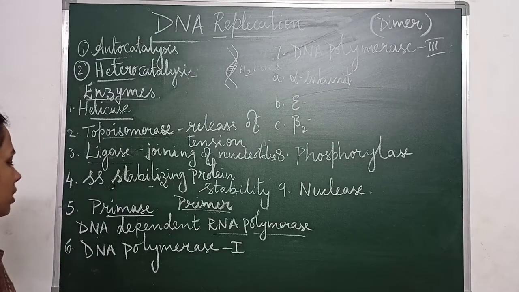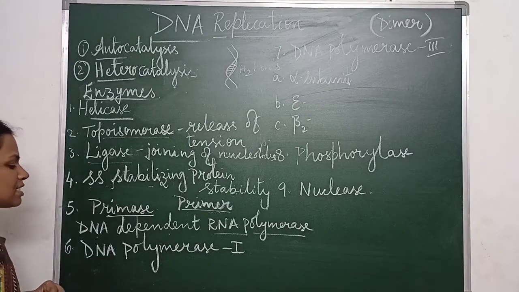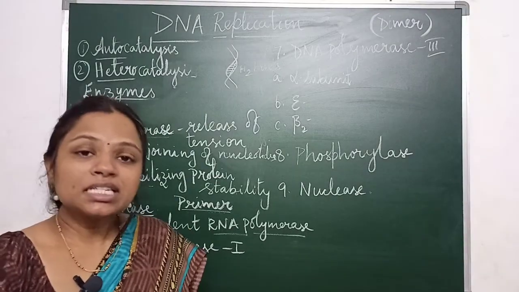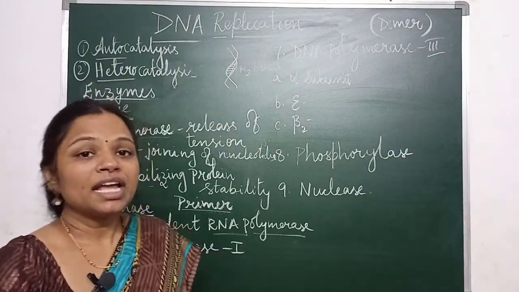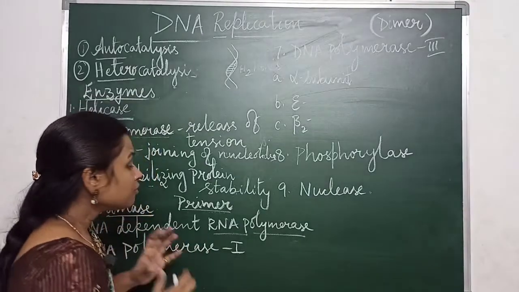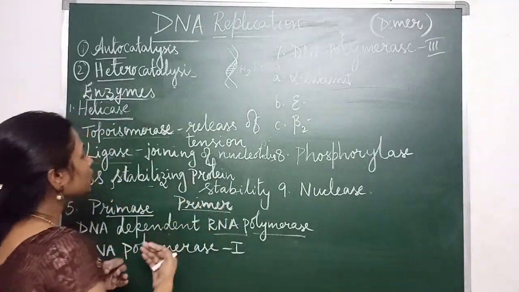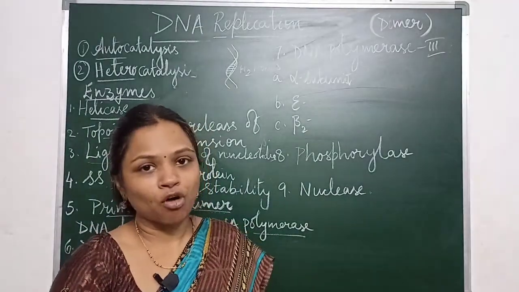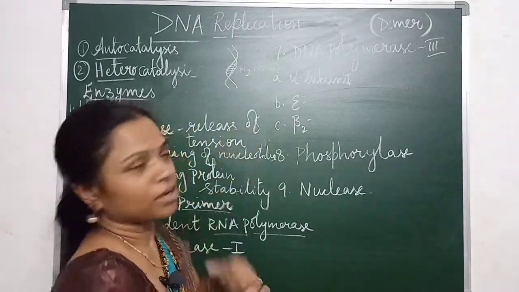Okay. Now coming to the next enzyme, DNA polymerase 1. This DNA polymerase 1 helps in the filling of the gaps. As I have told you earlier, some fragments of daughter DNA are formed in between the process of replication.